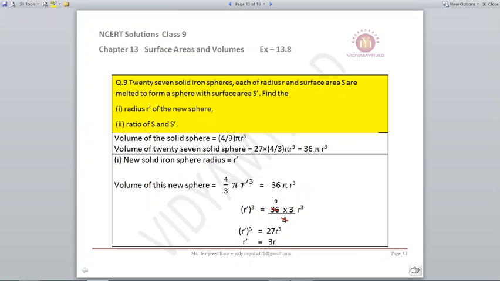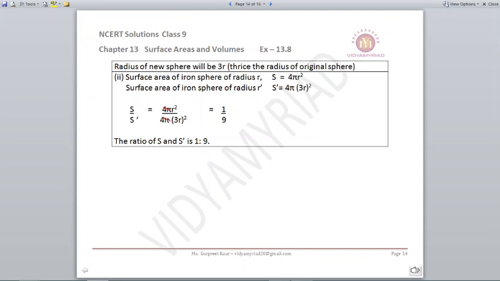So it will be 27 multiplied by 4 upon 3 pi r cube, which gives 36 pi r cube. Now new solid iron sphere radius is r dash. So volume of new sphere will be 4 upon 3 pi r dash cube is equal to 36 pi r cube. On solving this, we get at the last r dash is equal to 3r.